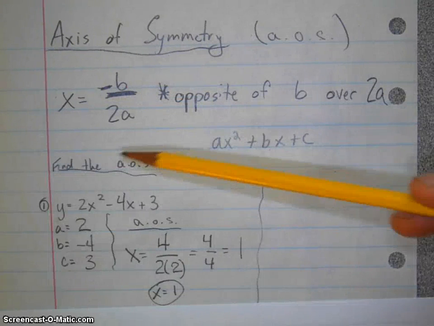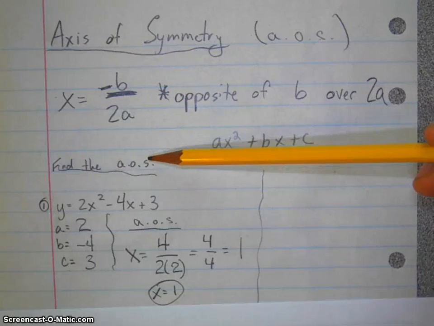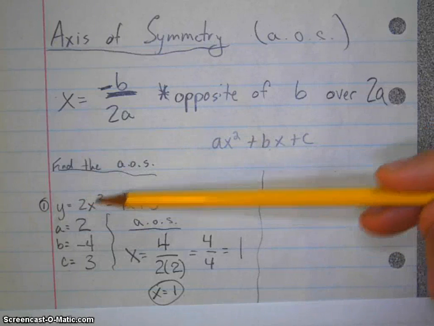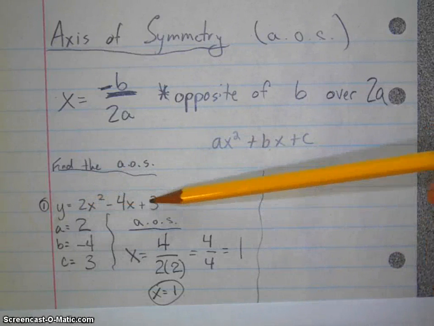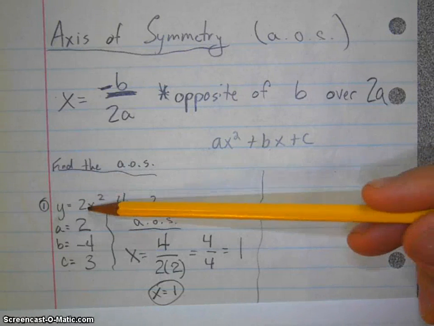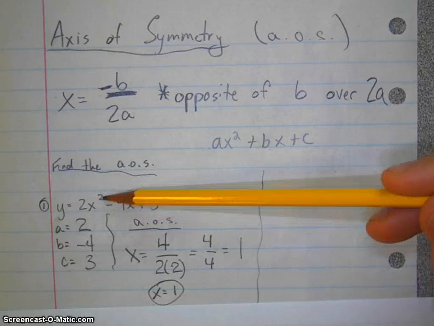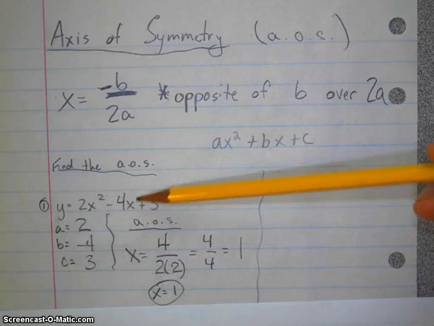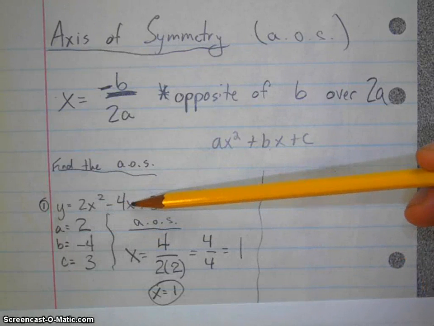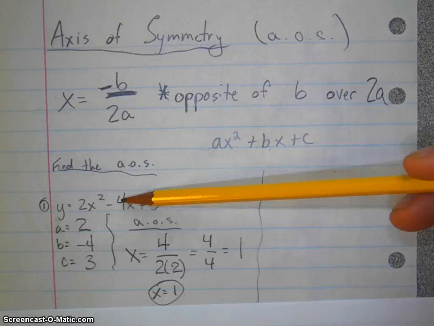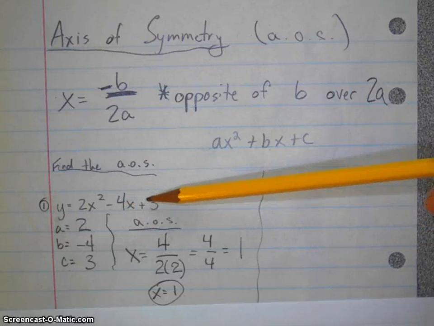In our first example, to find that axis of symmetry, we have y equals 2x squared minus 4x plus 3. Our a value, the number in front of x squared, is 2. Our b value, the number in front of x, is negative 4. And our c value is positive 3.